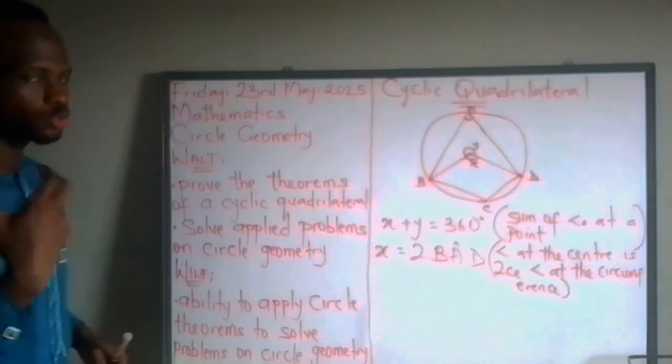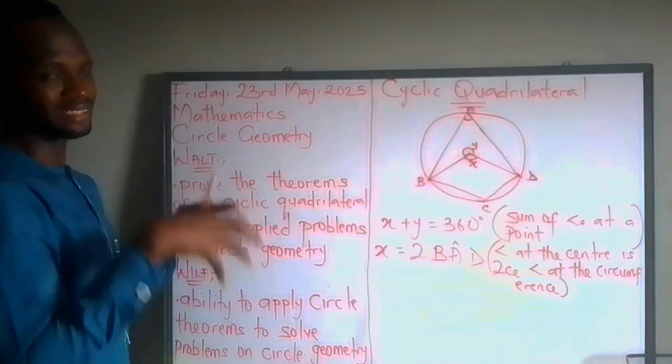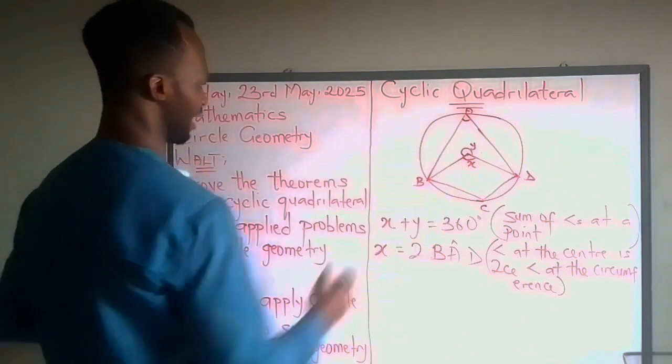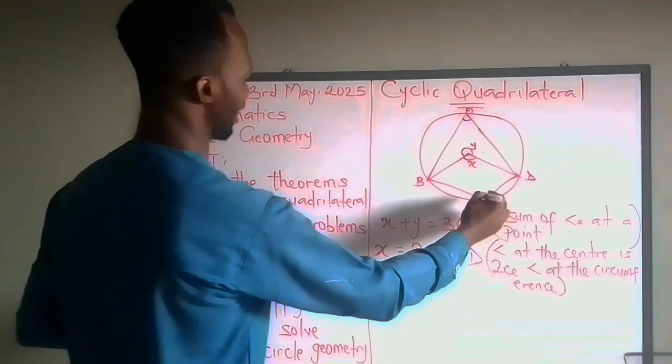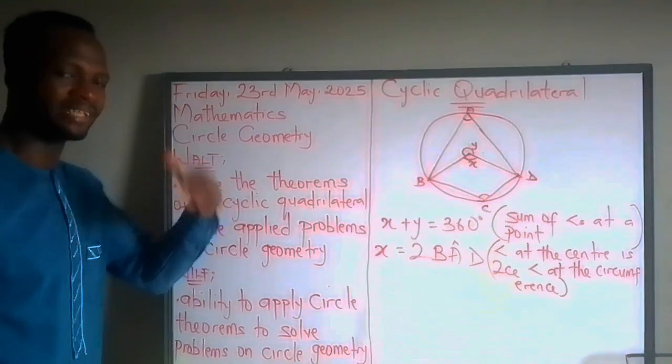So you will also take note that y also is an angle at the center. Y is also an angle at the center, and this angle at the center is also twice the angle here at this point at C. Is twice the angle at C. The same reason.